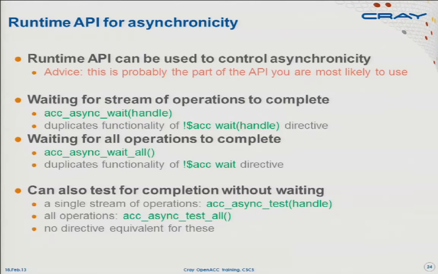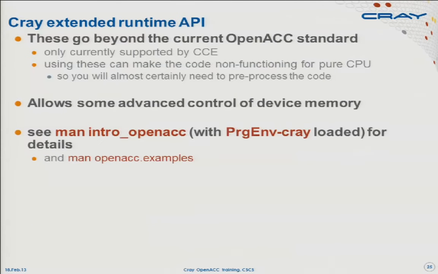Why is there an API call and a directive to do the same thing? I think it's down to preference more than anything else. There's no real reason to use one over the other. One thing that you can't do with a directive is to test whether this stream of tasks has finished. And if it hasn't finished, then you're free to go off and do something else. So there you might use the API call, because that's the one thing you can do with the API that you can't do with directives.